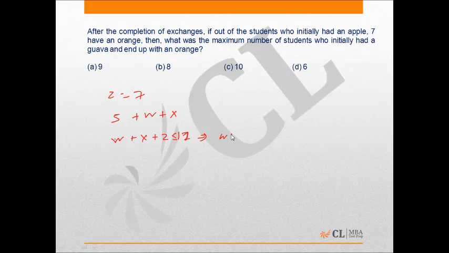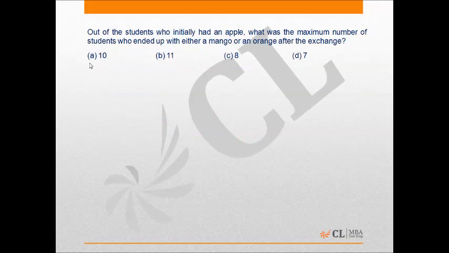From here W plus X has to be less than or equal to 4, so the maximum possible value of the required quantity can be 5 plus 4, which is 9. Therefore option A is the correct answer. Let's move to the next question.